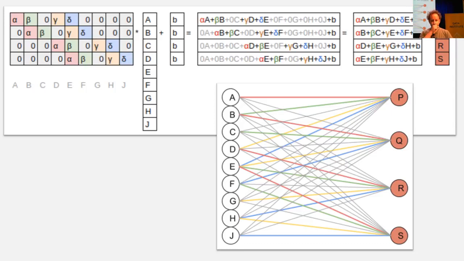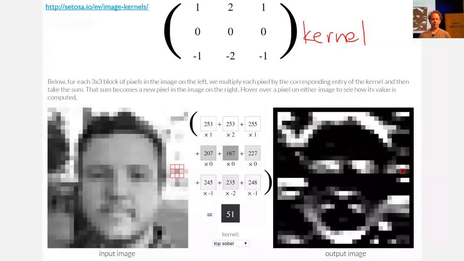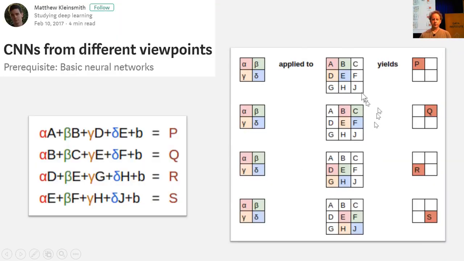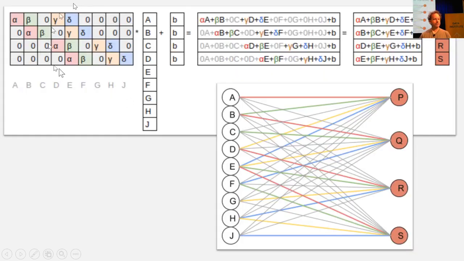So clearly, we could implement a convolution using matrix multiplication, but we don't because it's slow. In practice, our libraries have specific convolution functions that we use. And they're basically doing this equation, which is the same as this matrix multiplication.